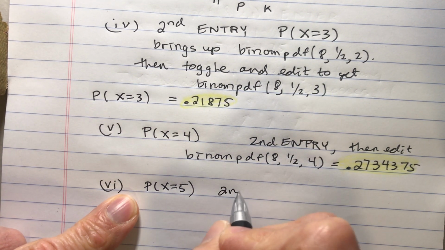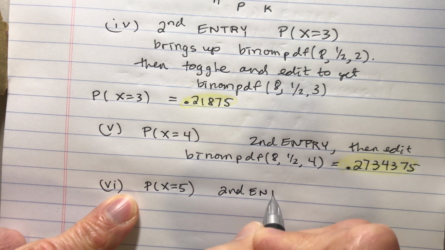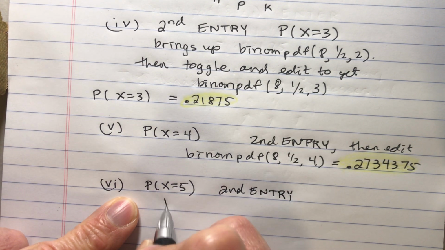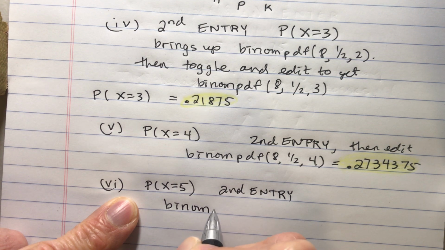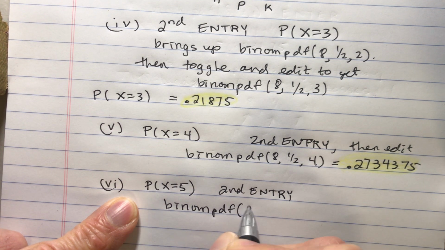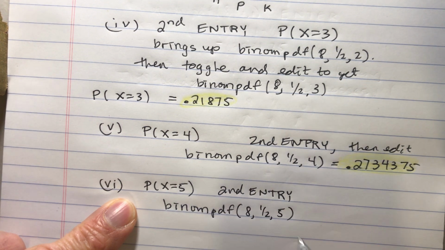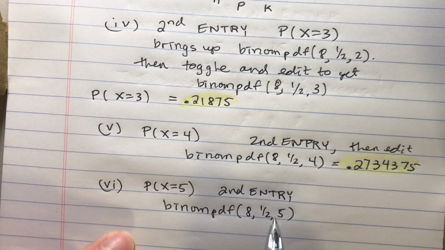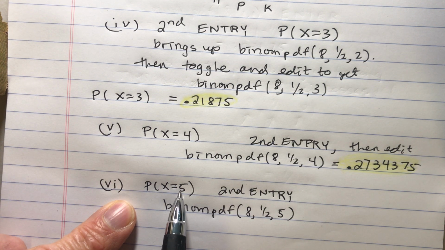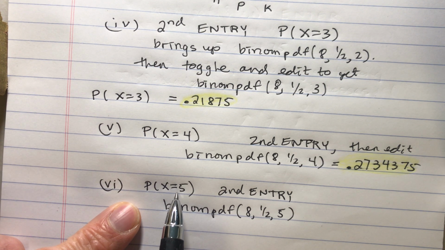Okay. Second entry, we're going to write binomial PDF 8 1/2 5. Okay, I'm going to tell you a prediction. The probability of getting 5 heads is the same as the probability of getting 3 tails.